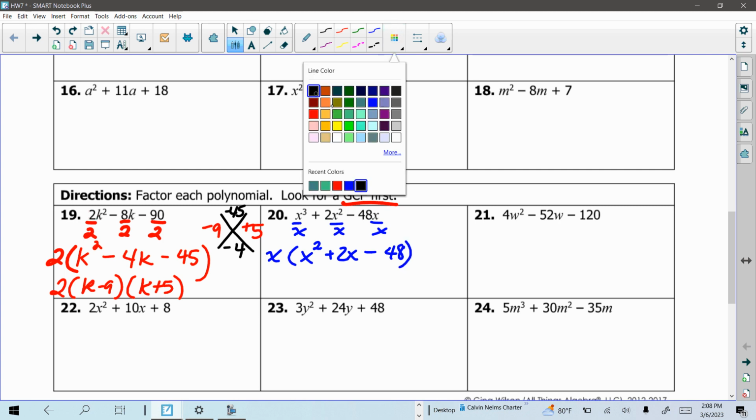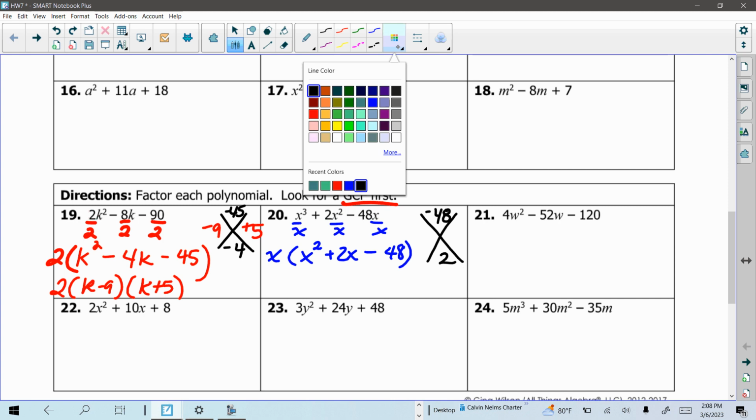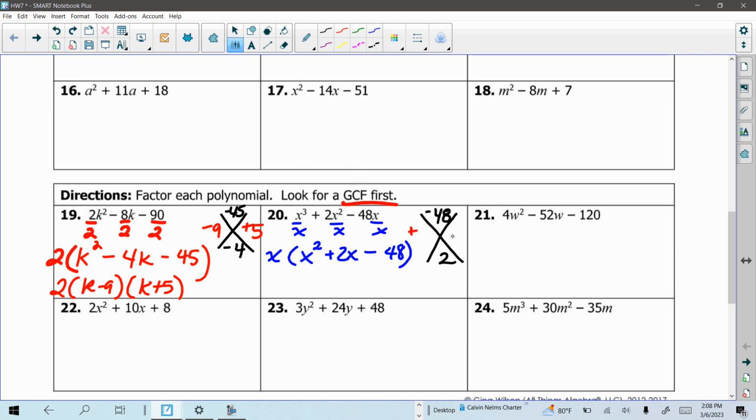And now we're doing our x puzzle with a negative 48 on top and a positive 2 at the bottom. The only way I can get a negative product is with a positive and a negative. And I want the positive to be the bigger number since our sum is positive. So this would be positive 8 and a negative 6.